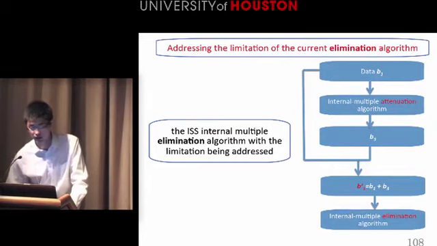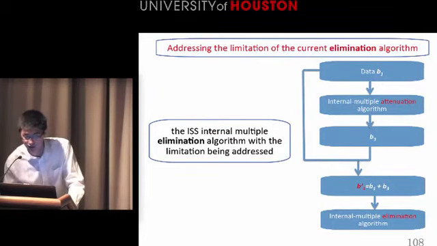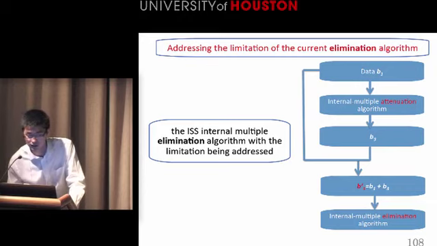And again, here I will show the strategy for the elimination algorithm, in order to address the limitation of the current elimination algorithm that I showed in the first part. This is the strategy to address the limitation.